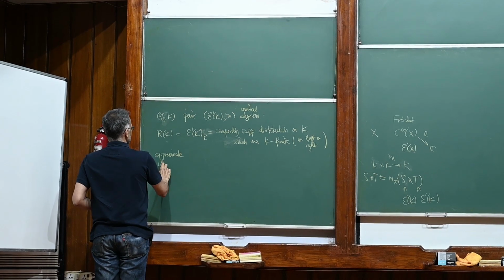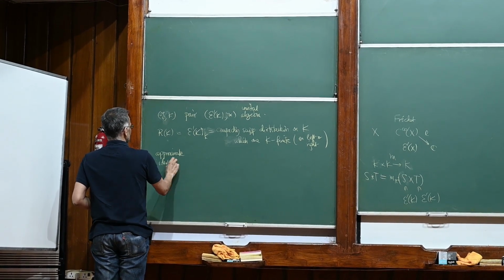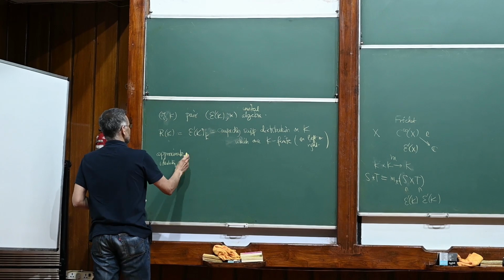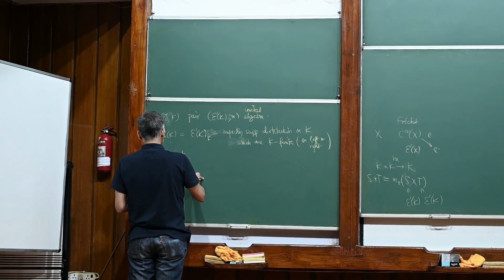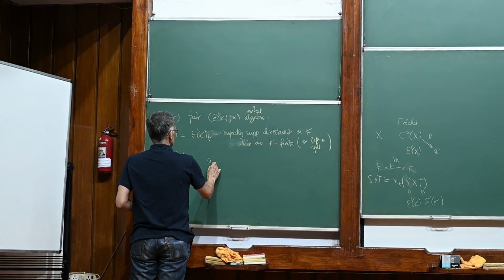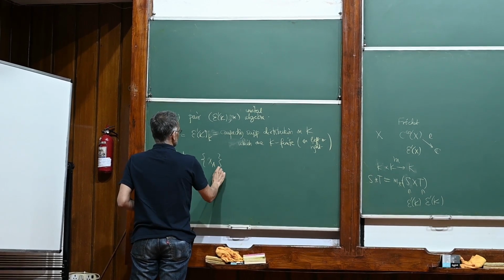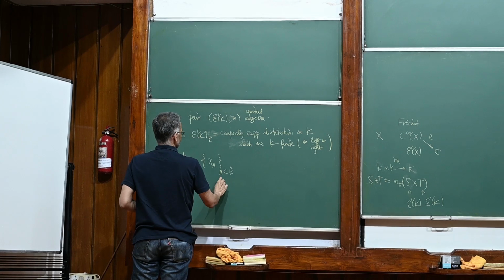And it has a very nice approximate identity, which is given by a collection of characters, right? So I'll call them chi A. So A is any finite subset of representations.